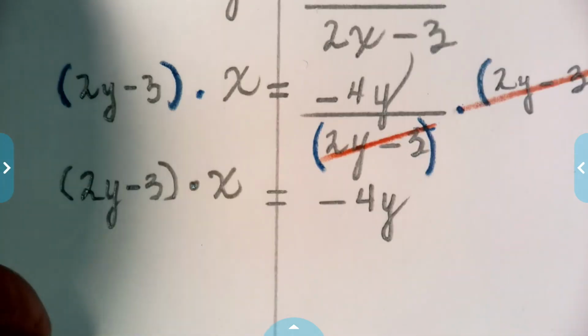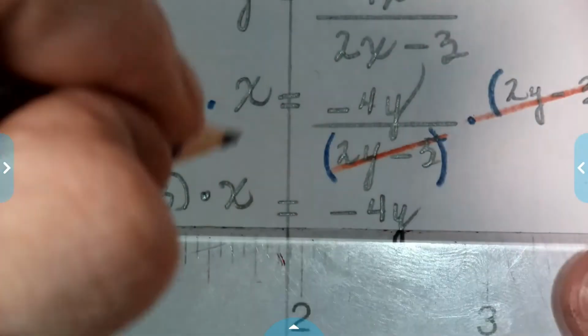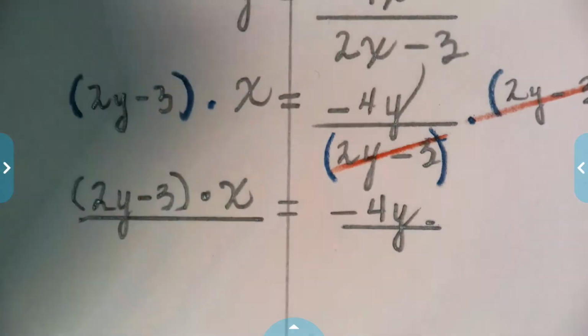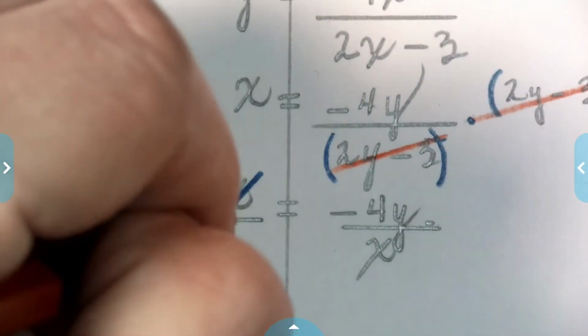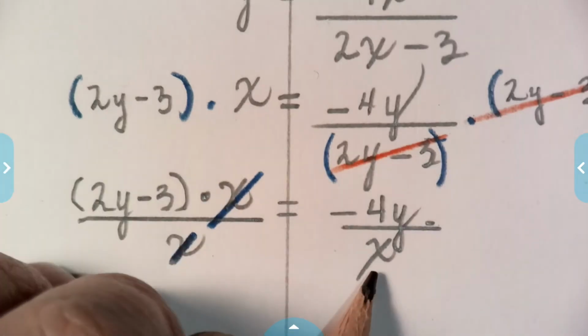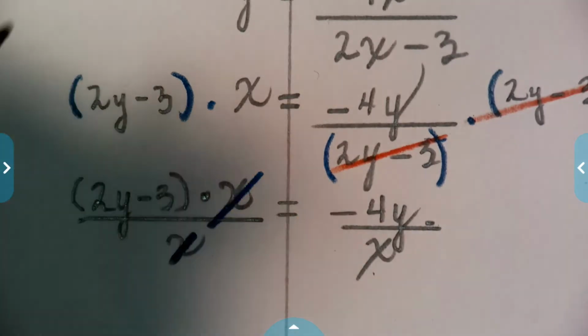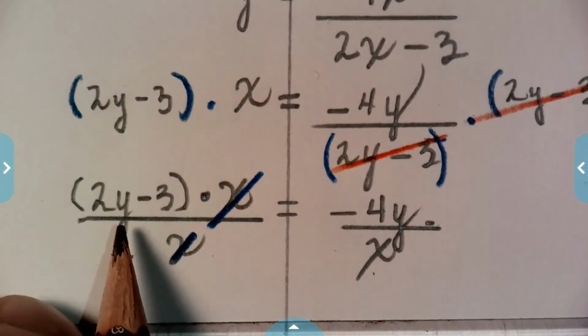Okay, now what? Well, we should divide out the x, right? We should get rid of the x. So let's divide out the x. We're going to divide both sides by x. And that allows me to say bye-bye to the x on the left side, and now it's in the denominator position over there. So we can get rid of the parentheses now.